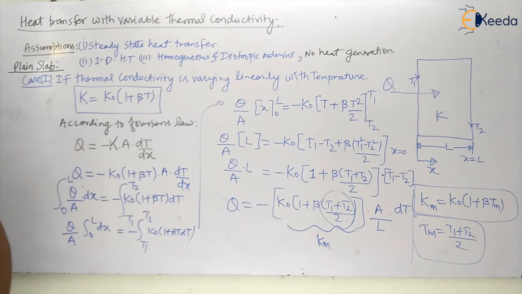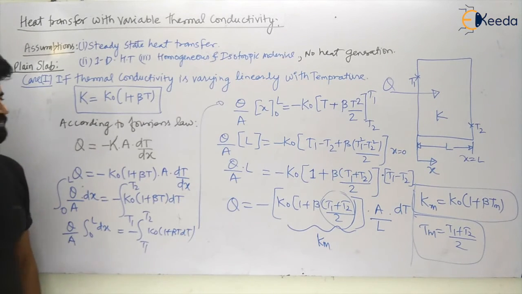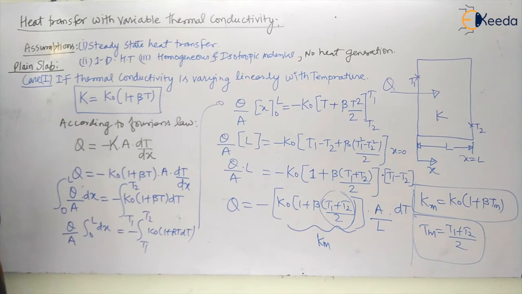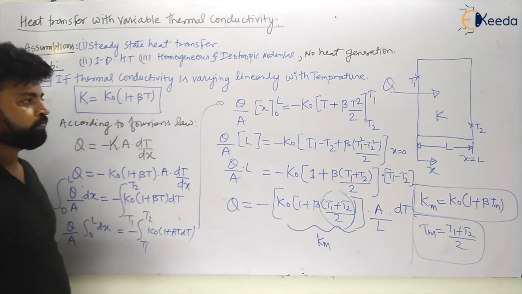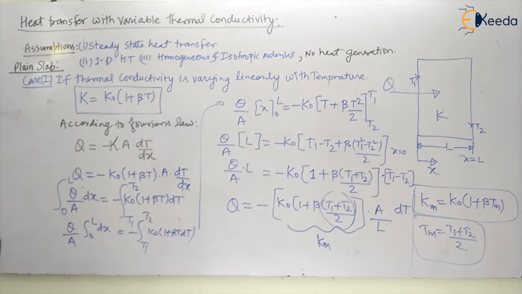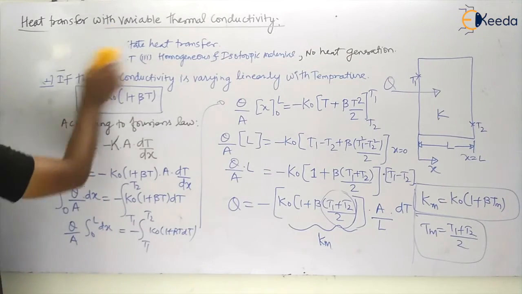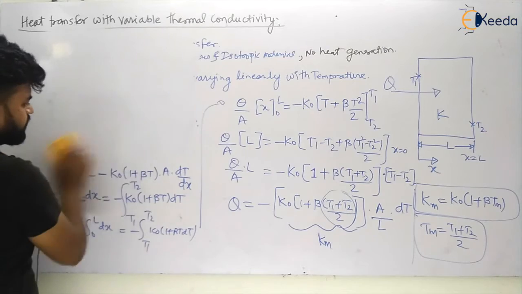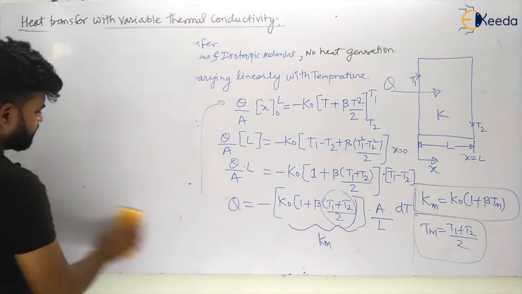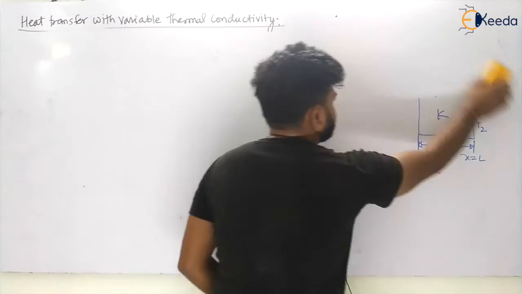So let us see if we can calculate the temperature profile. How can we calculate the temperature profile in this case, my dear students? Again the same. Let us consider the case for this.